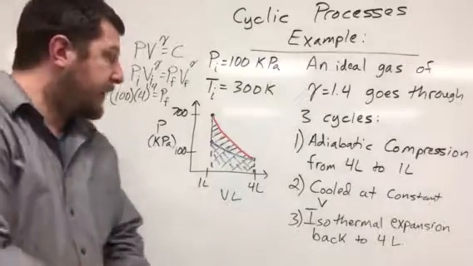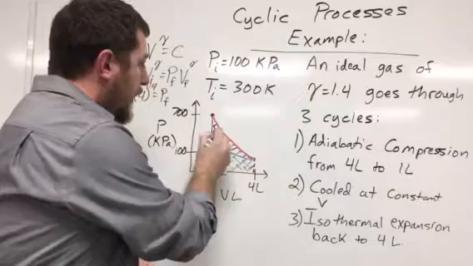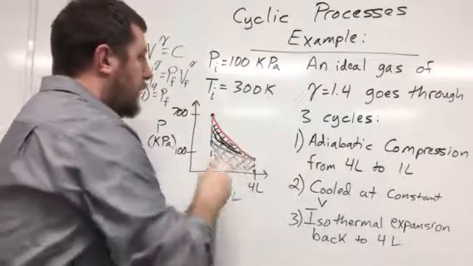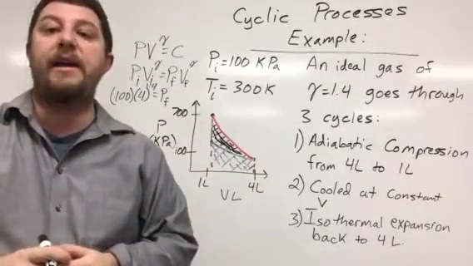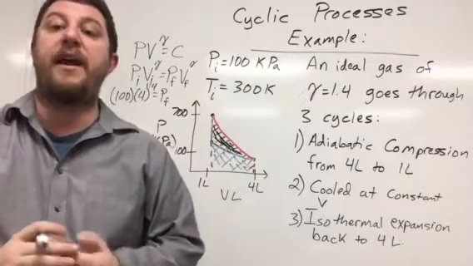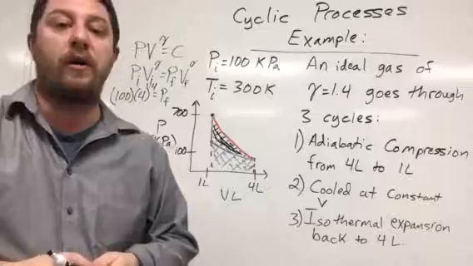And the net is going to be what's left here in the middle, and the net is what we're after. So our strategy is find the work done under the adiabat, find the work done under the isotherm, subtract them off, and the net result is going to be the net work done on the gas.